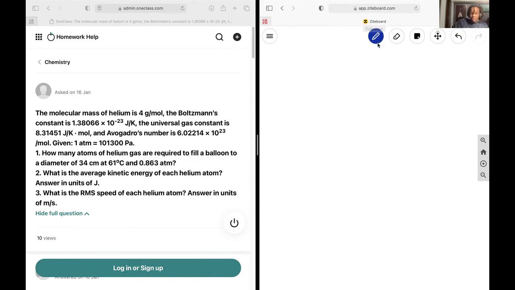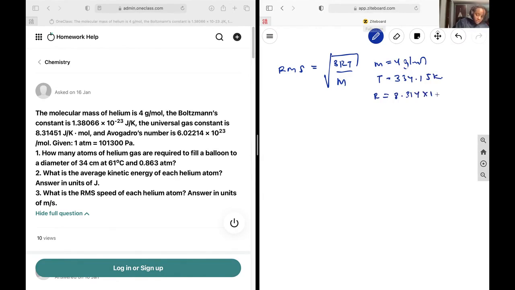Next up, we go to the last question. We are asked for the RMS speed of each helium atom, and to answer in units of meters per second. There's a formula for the RMS speed, and it is going to be equal to the root of 3RT over m, where m is the molar mass. And so m is 4 grams per mole, T is 334.15 Kelvin, and our R value is going to be 8.314 by 10 to the power of 3 grams meters squared per second squared over mole Kelvin.